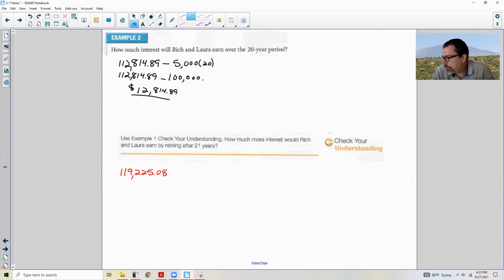And so since it's another new year, they would have invested another 5,000. So what I need to do is take that 119,000 we achieved on the last page, subtract the 5,000 they would have invested in that new year, and put 5,225.